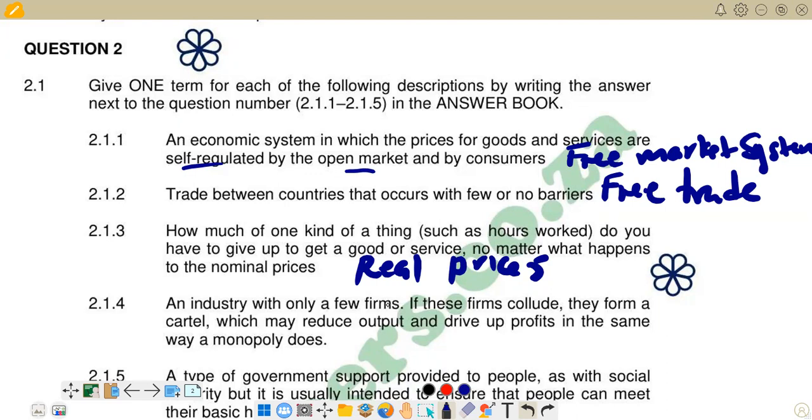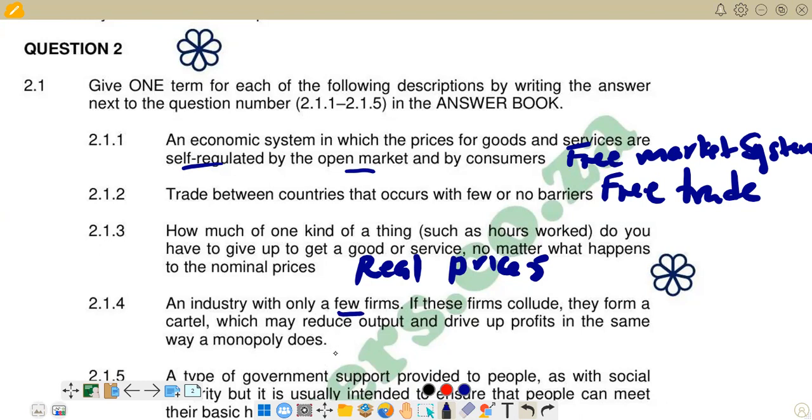So the most appropriate here would be the oligopoly. That's the only market structure that has few firms. In perfect competition we have many firms and many buyers, and that applies also to monopolistic competition. In a monopoly, only one firm operates. That leaves us with oligopoly, which has only a few firms.